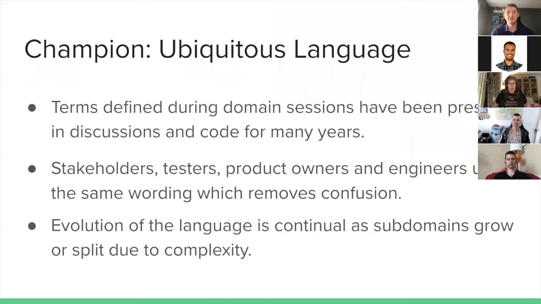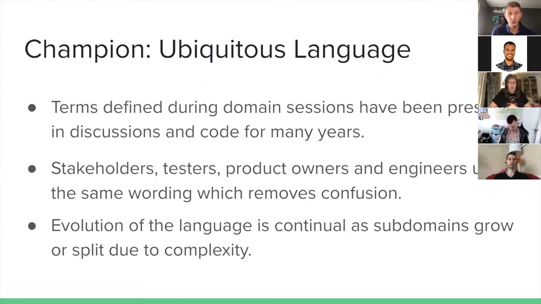So our first champion, ubiquitous language. You're going to be fed up of me saying that by the end of it. But these are the reasons why I believed it was a champion of this process and a champion that we still use today. We've been using it for years. It's been so useful because of the focus it has on making everybody understand the same terms. They're used everywhere. They're used in code, in test specifications, in story docs, in demos.